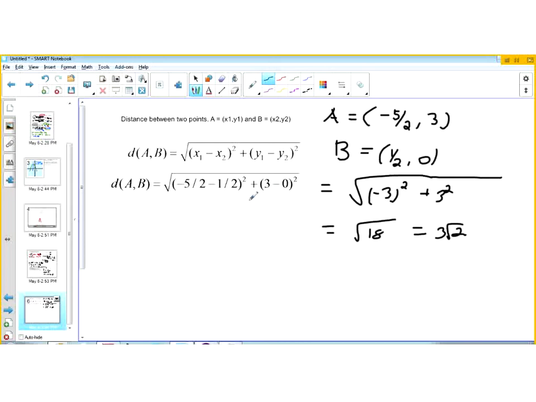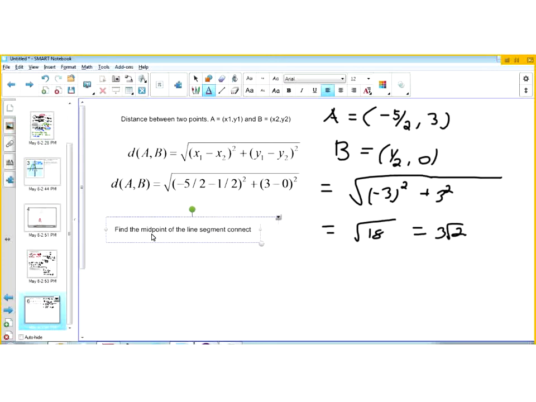Another topic we were interested in is finding the midpoint of the line segment connecting the 2 points. So find the midpoint of the line segment connecting the 2 points. So we need the so-called midpoint formula.